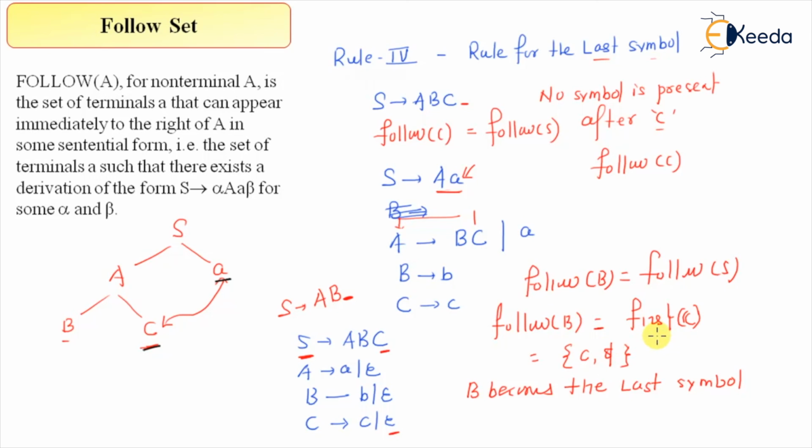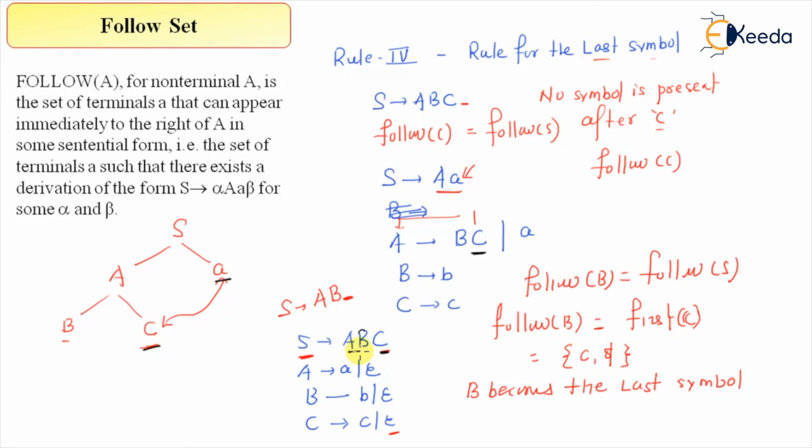This is the entire rule number 4, the rule for the last symbol. This case is also applicable when a symbol directly or indirectly, because of substitution, becomes the last symbol.